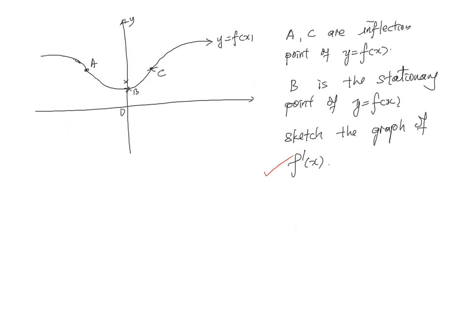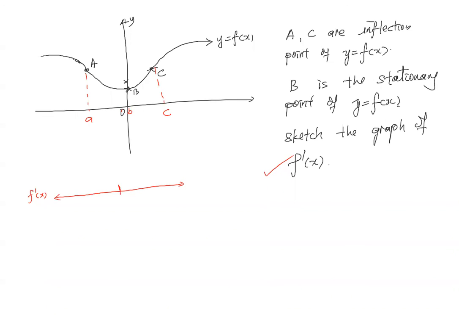So I will draw the sign diagram first. I will draw the sign diagram of f prime x. So when you draw the sign diagram of f prime x, this is your A, this is your B, and this is your C. So how are you going to draw your sign diagram?